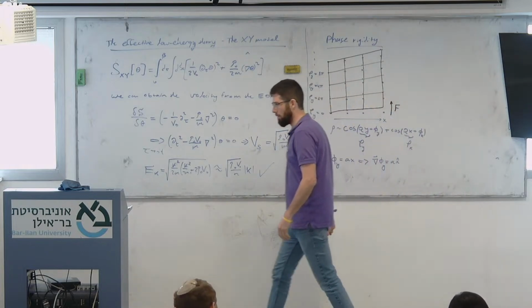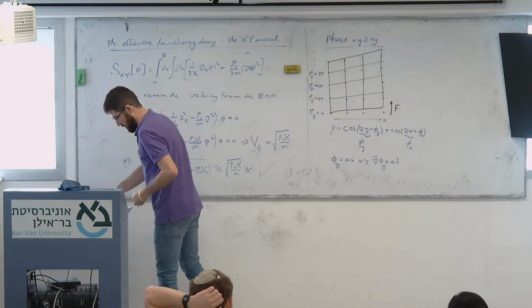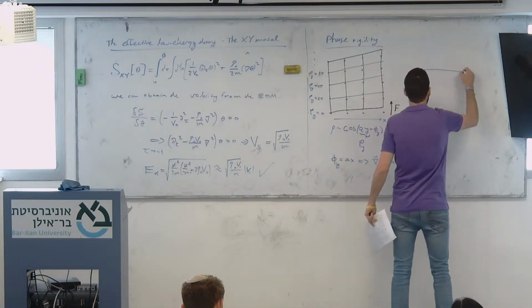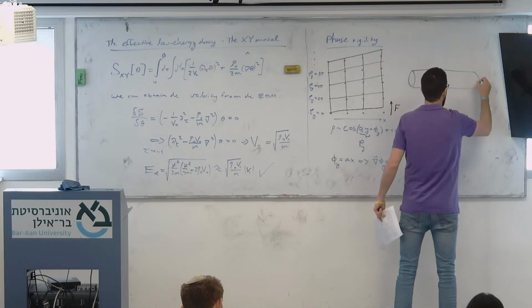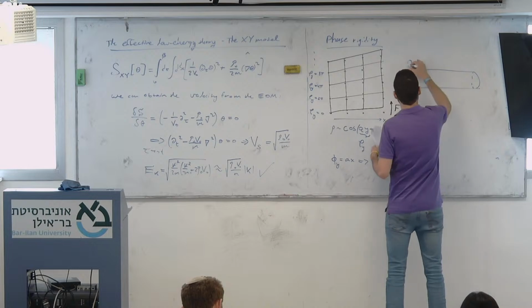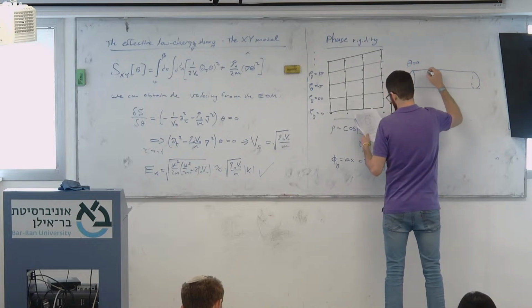Now let me make this analogous to a superfluid. So imagine that I have like a tube with superfluid in it. And here I have theta equal to 0.